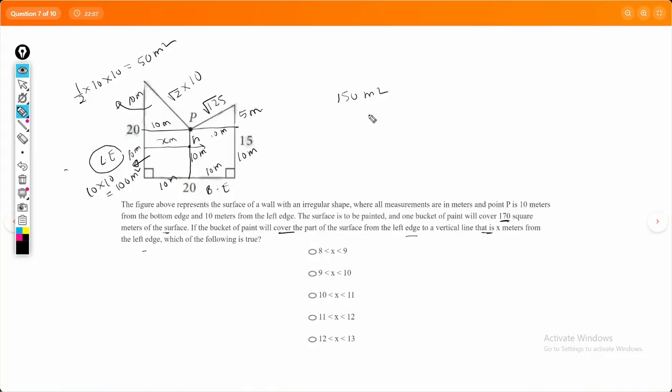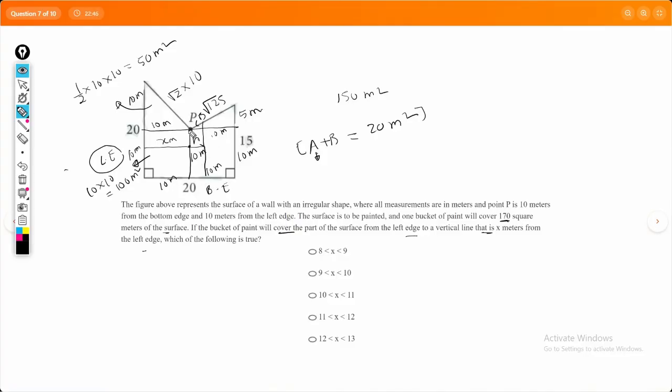So this whole region has to be 20 square meters. Let's say the value of this rectangle is a, and the value of this triangle is b. So a plus b will definitely add up to 20 square meters.